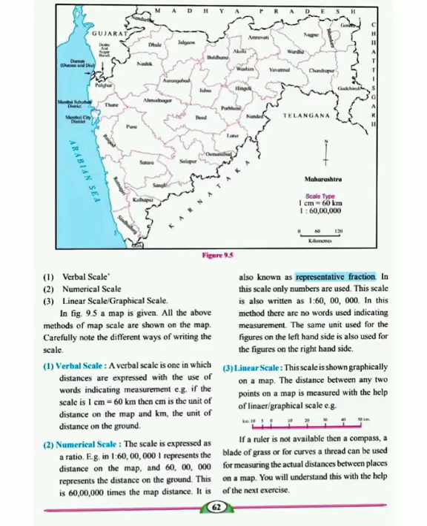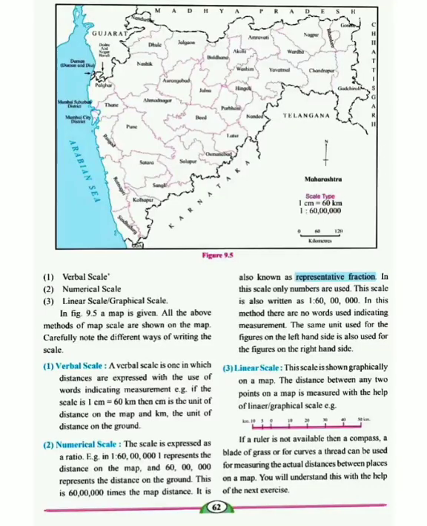Now why is it called as representative fraction? Because numbers are being used and it is only used for representing things. In this scale only numbers are used. This scale is also written as 1:60 lakh times.